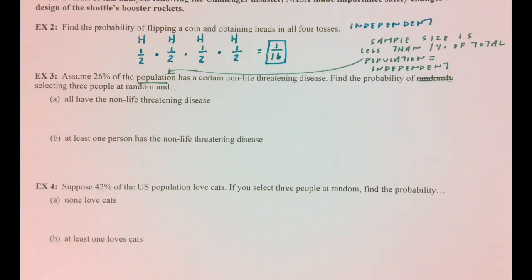We don't think it's going to be very impactful if we remove one person from such a big population. It's not going to change those probabilities very much. Tiny little bit.